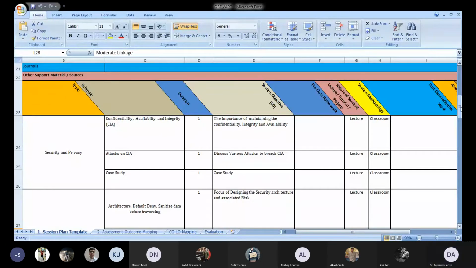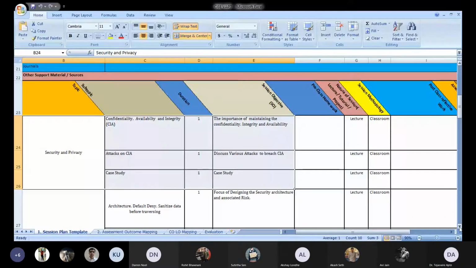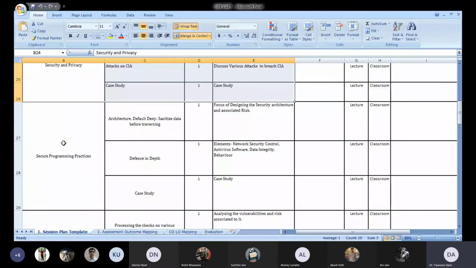So this is the first unit we have discussed, to take care of confidentiality, availability, and integrity. The next thing we discussed is secure programming practices. I have shared different links from OWASP as well as Red Hat documents on what the security architecture should be.